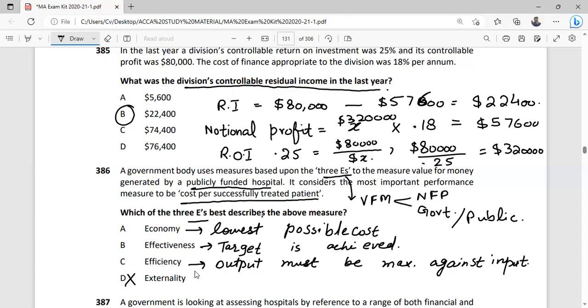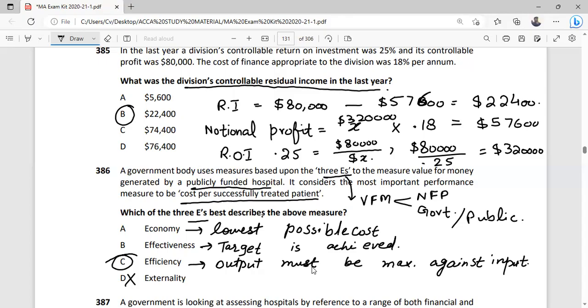As I told you, economy means lowest possible cost. Most students think that the answer of this question is economy, but in fact, the answer is efficiency, because we are talking about a publicly funded organization which is obliged to utilize taxpayer funds in an efficient way, and their cost for each successful patient must be lowest possible, and they should utilize the government bed capacity at its maximum level, and try to treat their patients as soon as possible, so it will give them opportunity to treat other patients.